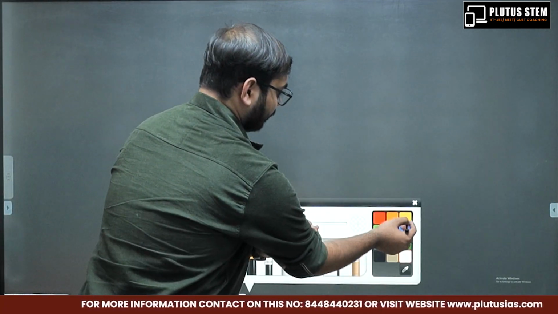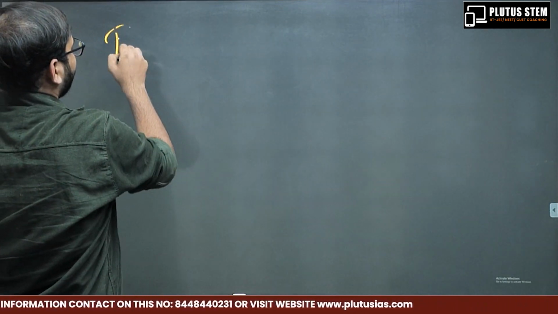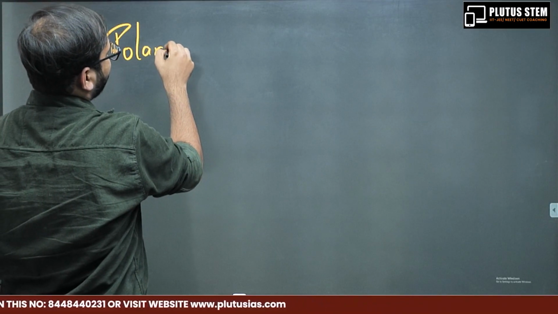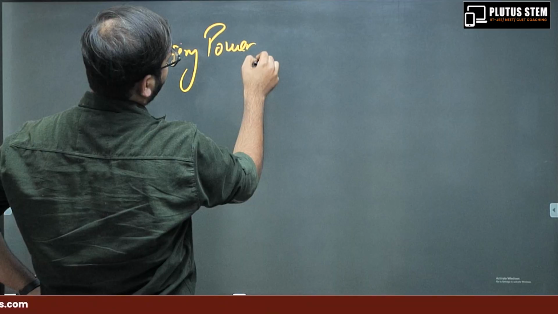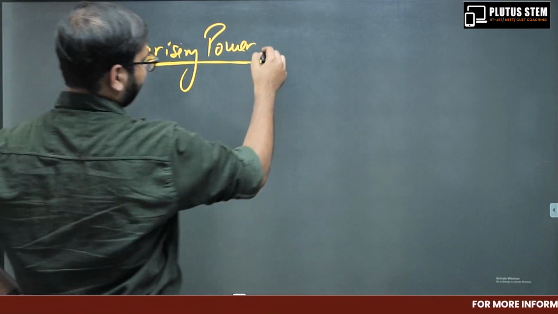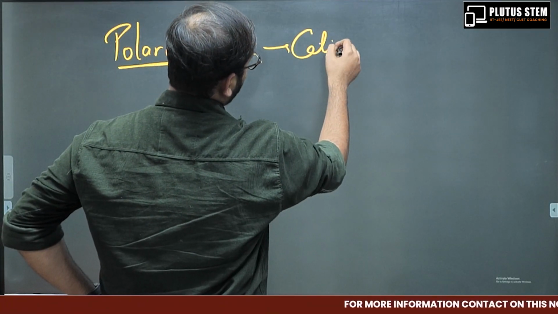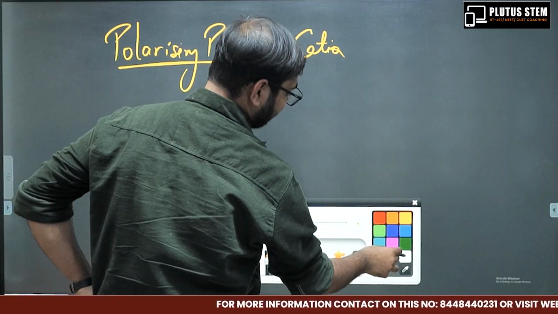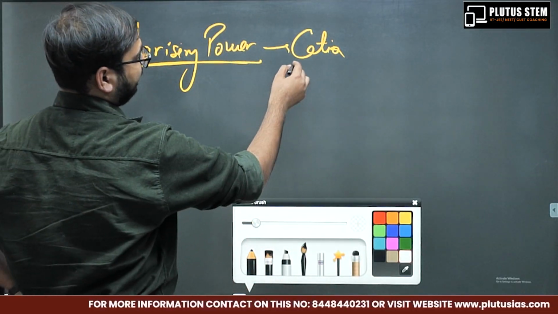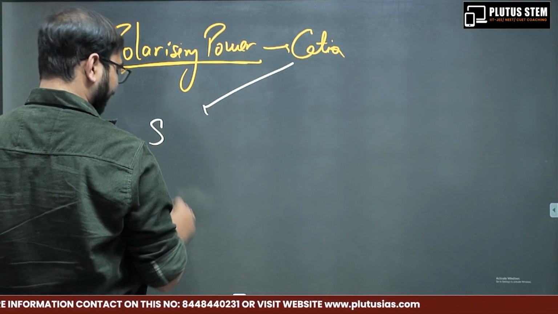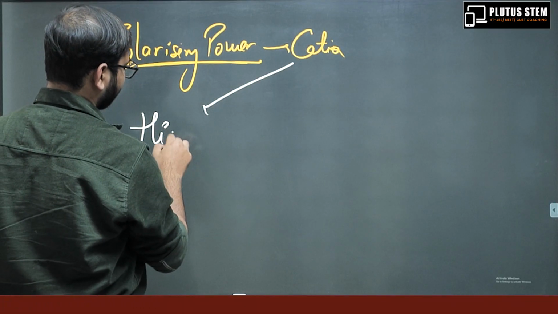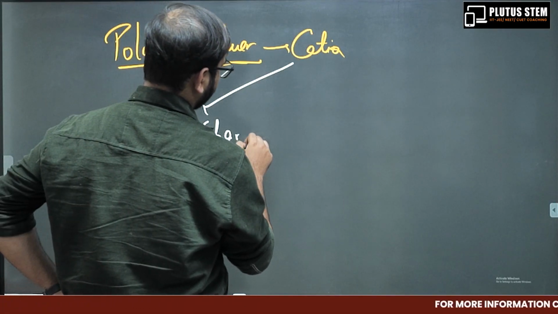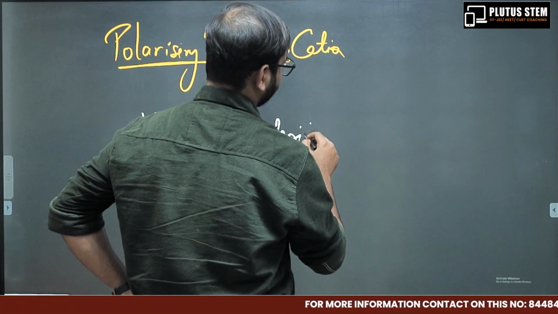Now, first thing, defining everything in terms of polarizing power. Polarizing power is always defined for cations. So if I want to pull the electron density from the anion, I need to have high charge density. A higher charge density arises due to two factors.